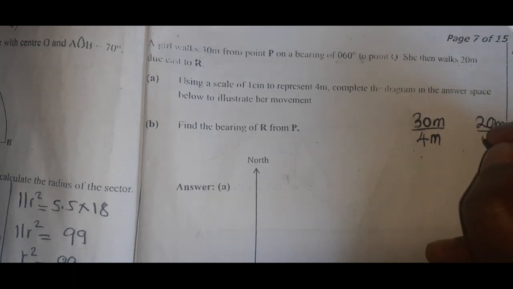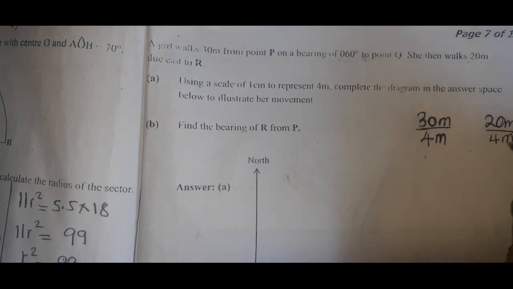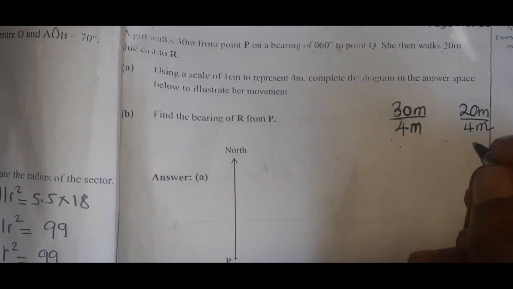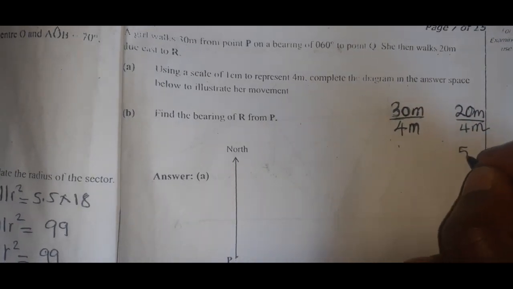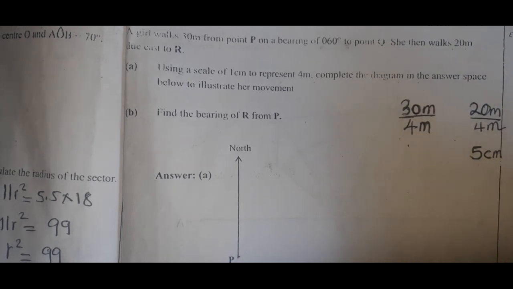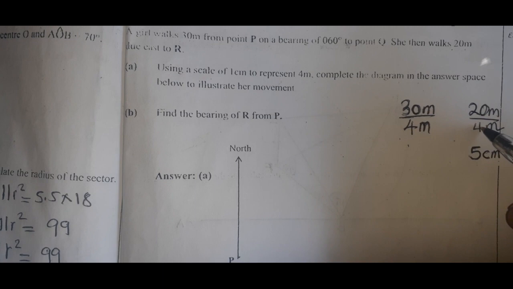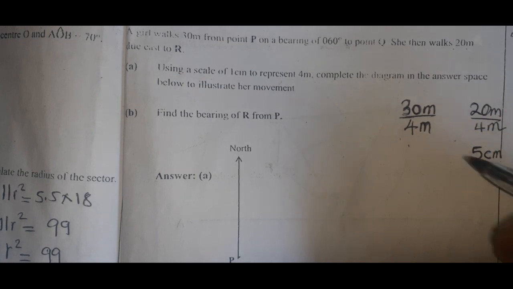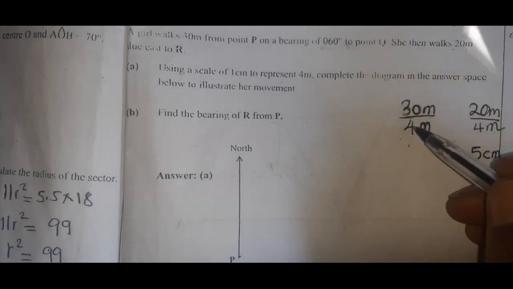We also convert it by 4 meters. Okay, this one won't even give us a decimal number. This will be like 5 centimeters, because we are told 1 centimeter is equal to 4 meters. Let's divide this one. What are we getting?